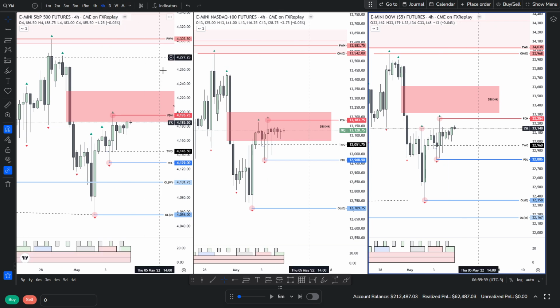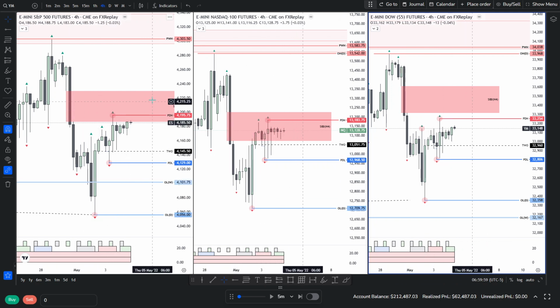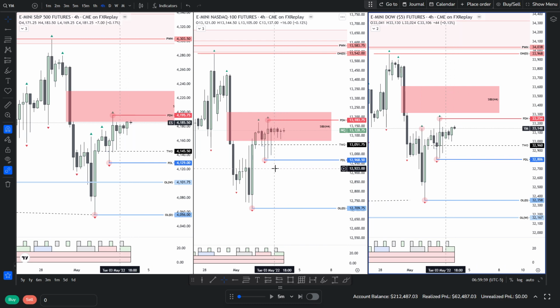Now, looking at Tuesday, and we can obviously see that consolidation. There's no imbalances below the marketplace. So if there was a cracking correlation here, would be targeting the previous day's low and this low, potentially.